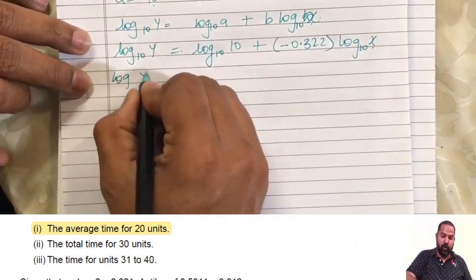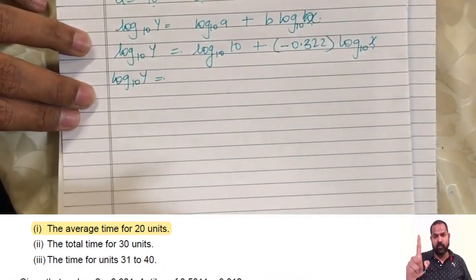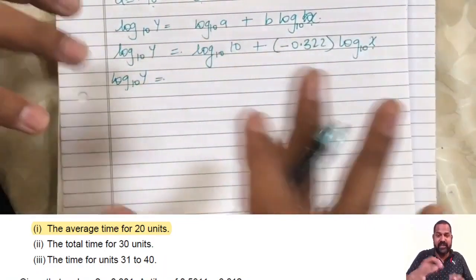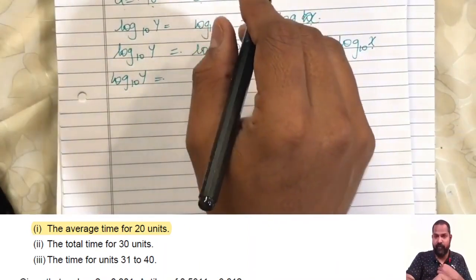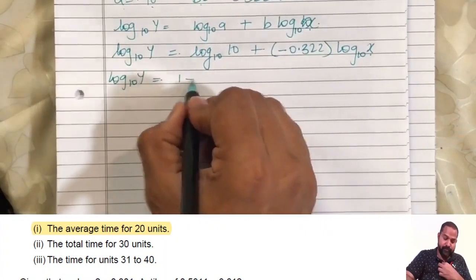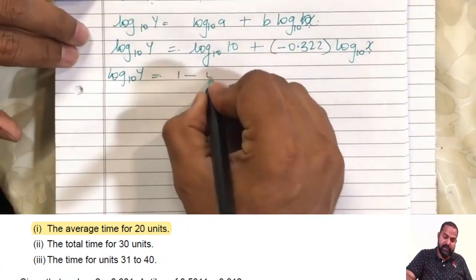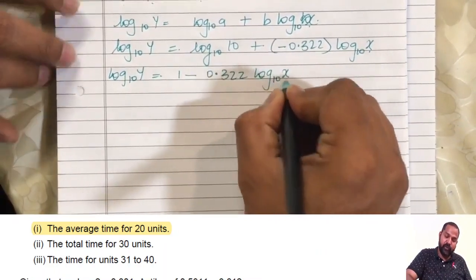So I'm going to say log of y to the base 10 is, what is log 10 to the base 10? 1. So in this case, it is special, so it becomes 1. It is not always that it might become 1. So I'm going to say 1, positive, negative 0.322 log of x to the base 10.